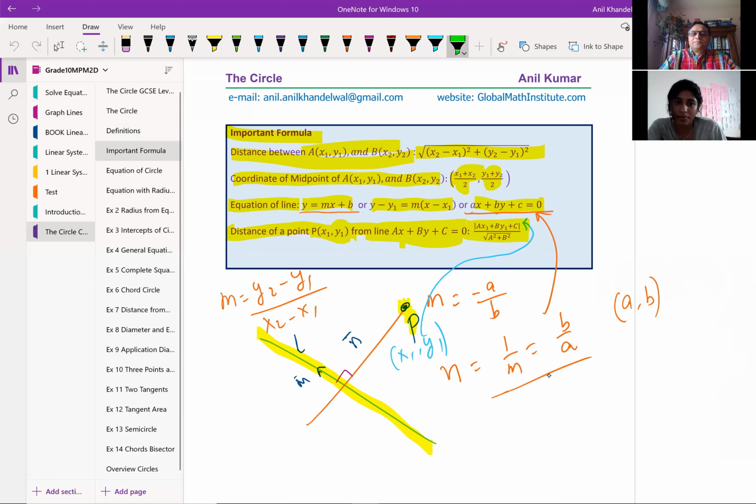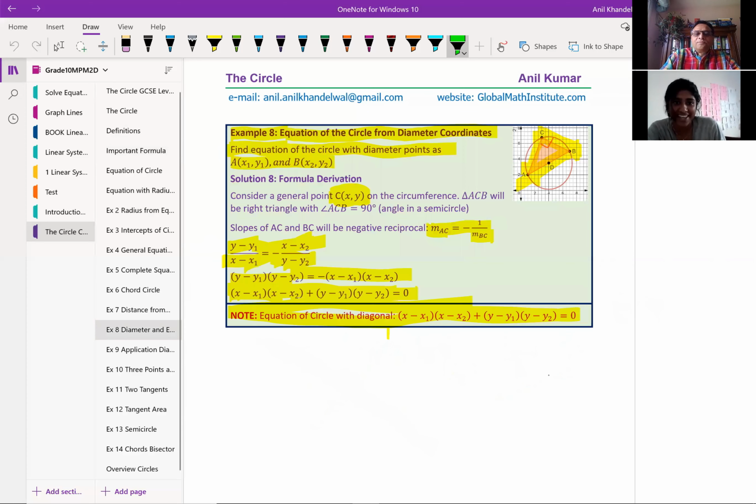The coordinate of a midpoint is very handy when doing perpendicular bisectors. So if you have a chord and you want to bisect it, finding the midpoint of the chord, that's when you use that formula. Or if it's a diameter and you want to find the center, you can easily use the midpoint one.